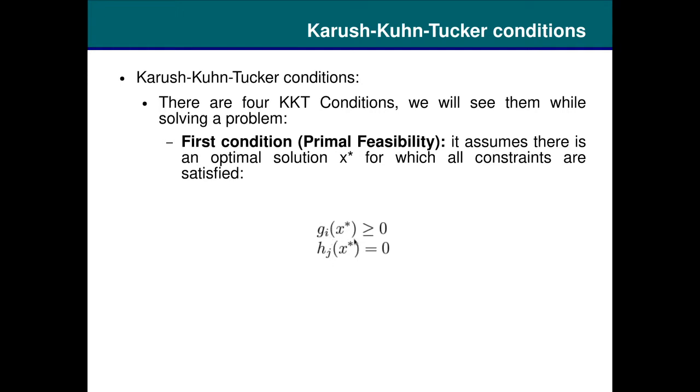It doesn't matter if it's an inequality constraint or an equality constraint. So I need to satisfy all constraints. We call it the primal feasibility. We're going to see later in further videos, don't worry. That primal feasibility is related to the primal problem.